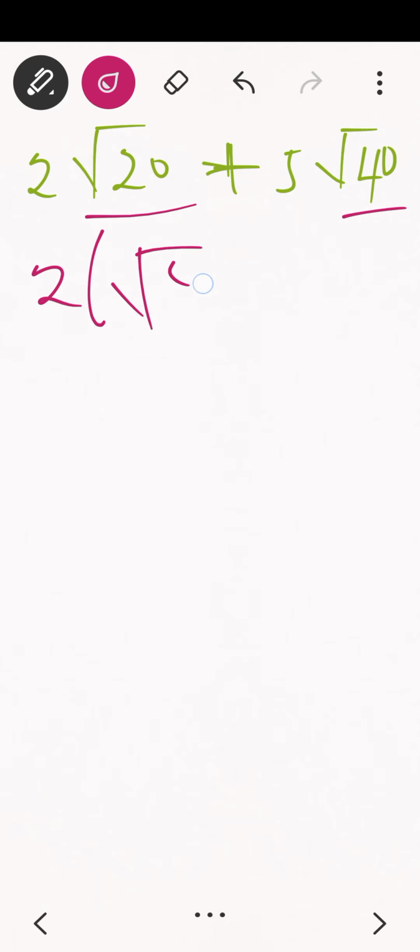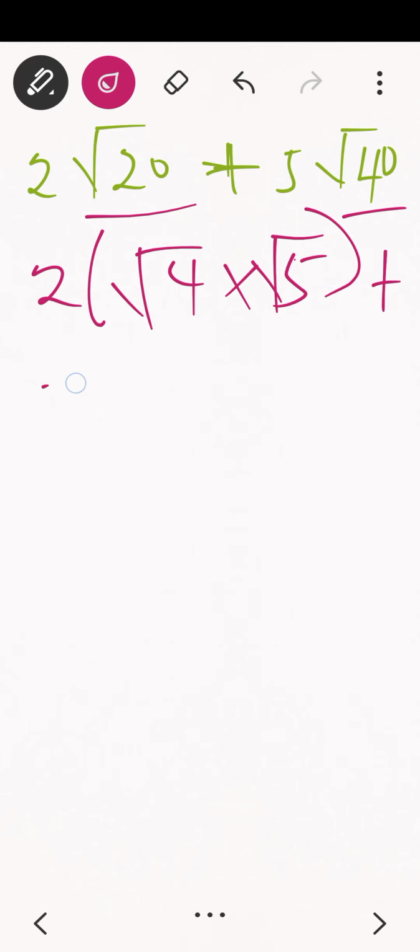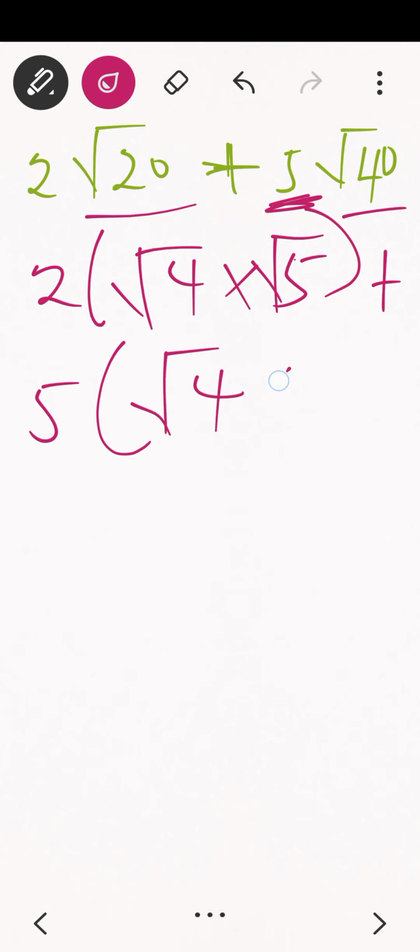root 4 times root 5, plus our 5 is outside, this 5, times, when we express this, we have root 4 times root 10.